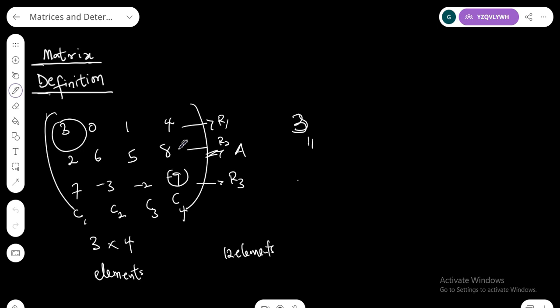If you look at element -9, for example, -9 is in the third row and the fourth column. So -9, row 3, and then column 4. Now, if you write -9 with subscript 4, 3, this is wrong, because you represent the position by indicating the row first before the column.